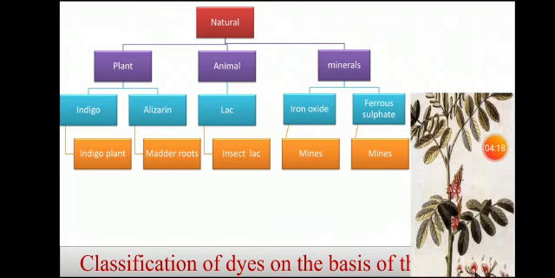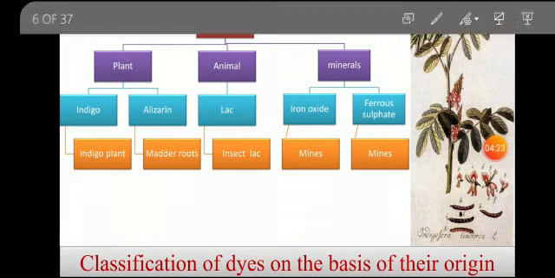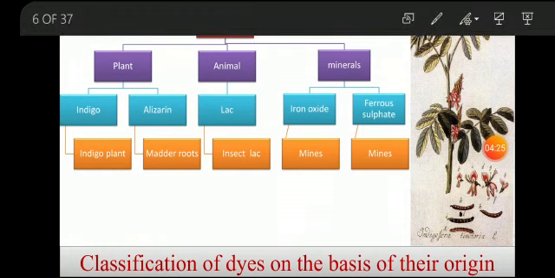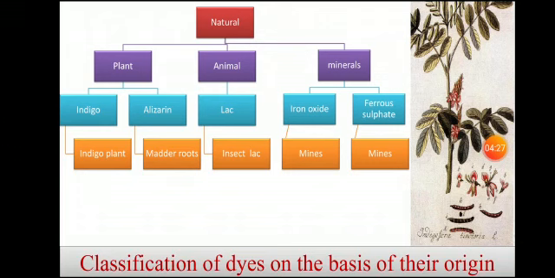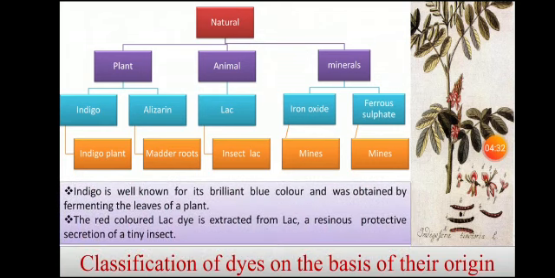This is the indigo plant. On fermentation, this plant gives indigo dye. Alizarin is a dye obtained from madder roots. Lac is a dye obtained from an insect. The insect secretes a resinous material, which is called lac dye. Minerals like iron oxide and ferrous sulfate, obtained from mines, are also colored compounds and can be used to some extent as dyes.